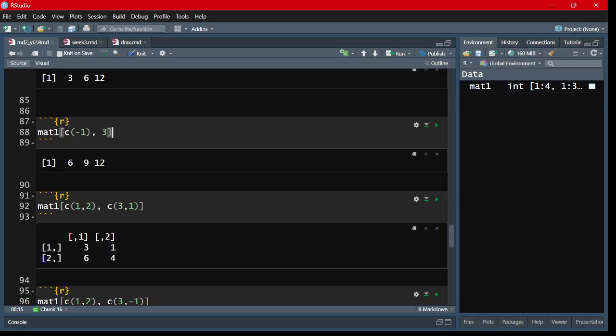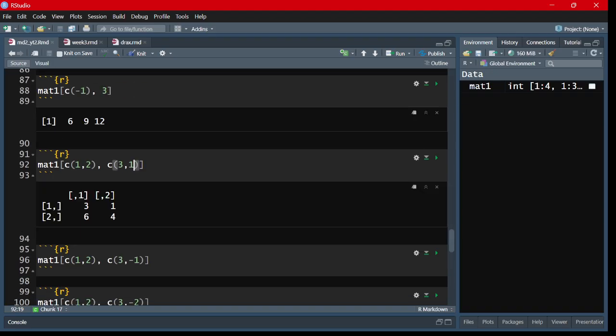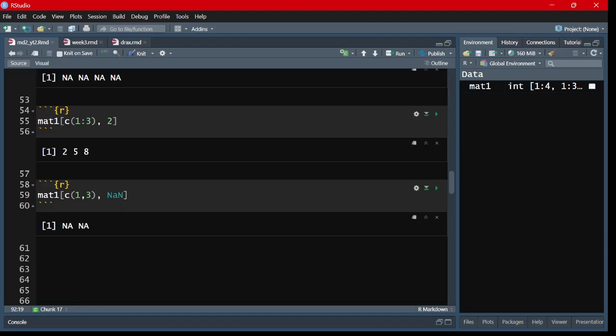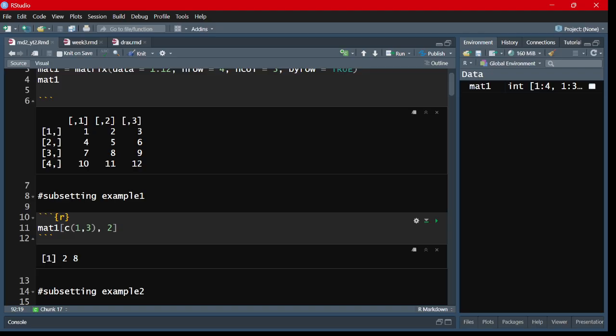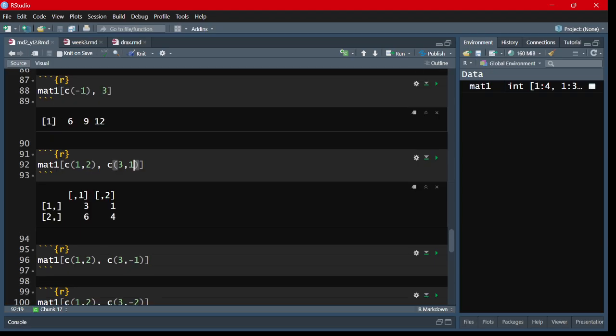If I place only one value here, I will check that. Okay, it is there. We always get a vector in this case, and if I place a 2, we get a vector. But when I place vector versus vector, we get a matrix.